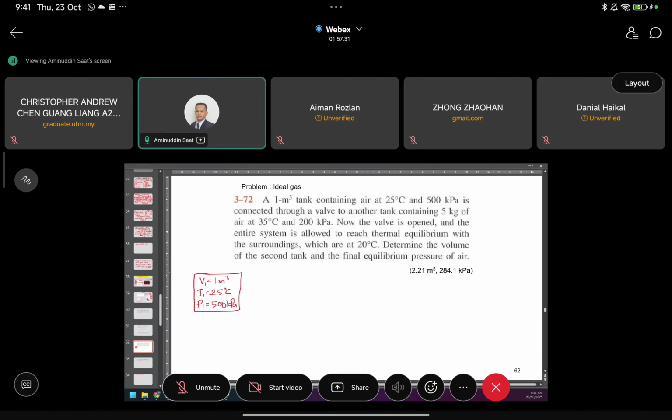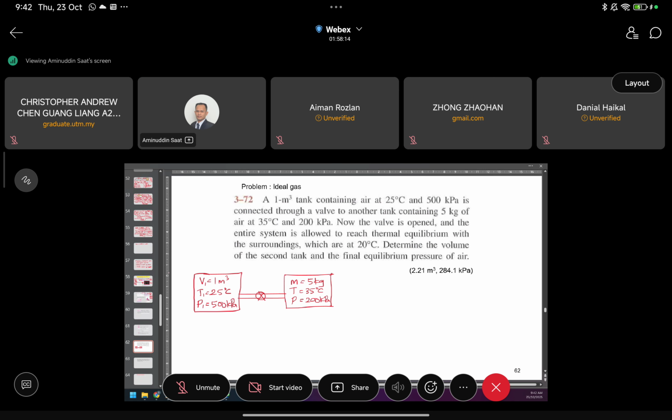It is connected through a valve to another tank. This means this tank is connected by a pipe and valve with another tank containing 5 kilogram of air. So both consist of air, but in this one you have m equals 5 kilogram, temperature of 35 degrees Celsius, and pressure of 200 kilopascal.